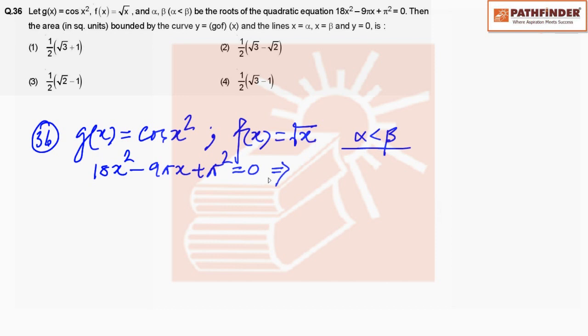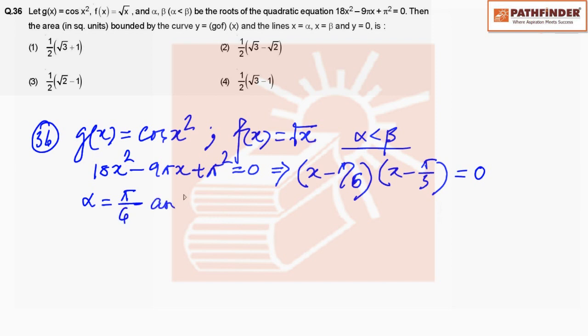Now if we factorize this equation, then we are getting x minus pi by 6 into x minus pi by 3 equal to 0. So that means alpha will be equal to pi by 6 and beta will be equal to pi by 3.